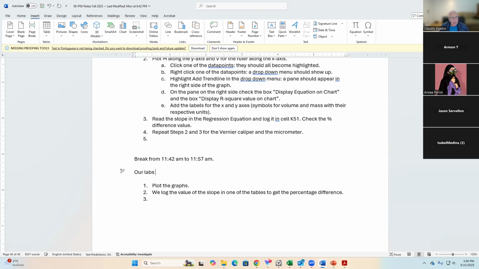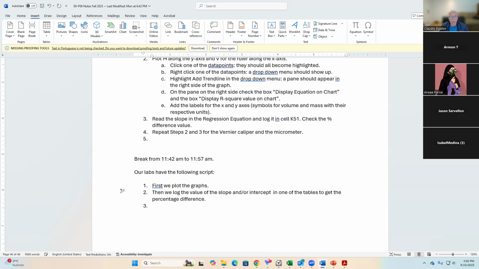Our labs have the following script. First, we plot the graphs. Then we log the value of the slope and/or intercept.